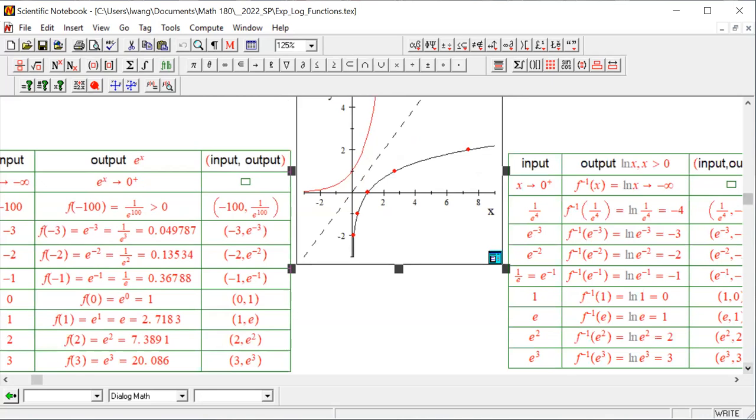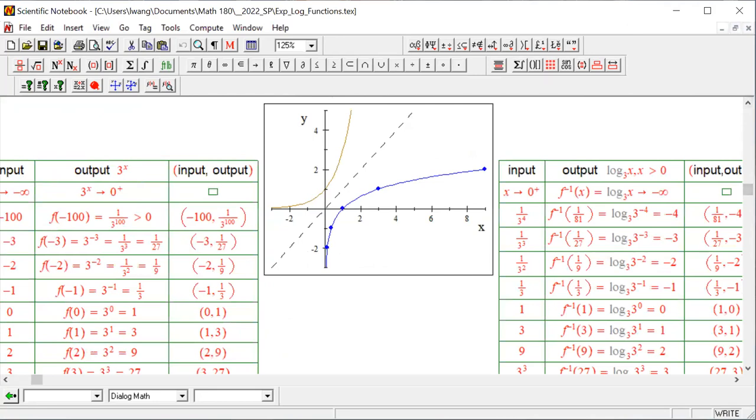For example, the y-intercept in e to the power x and the x-intercept for ln x, right? All these correspondences are very, very similar. But anyway, without further ado, let's summarize these functions.